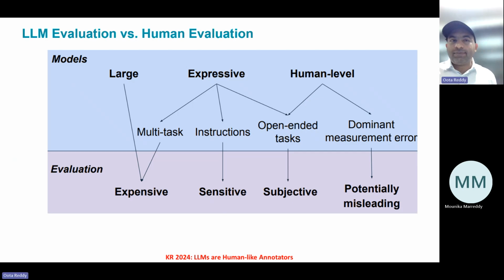If we look at LLM evaluation versus human evaluation, especially at models: large means models with extensive parameters, trained on large corpora. So we have scalability and data capabilities. And what does expressive mean? The models are capable of handling complex reasoning tasks, multiple tasks at the same time, and also have instruction capabilities, like how we can ask humans, what is the sentiment of this particular sentence?